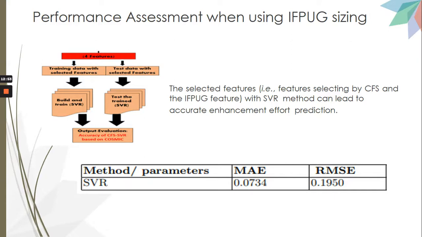The features selected by the Pearson correlation and support vector regression methods can lead to accurate enhancement effort prediction, with a minimum mean absolute error of 0.03 and a root mean square error value of 0.1950.